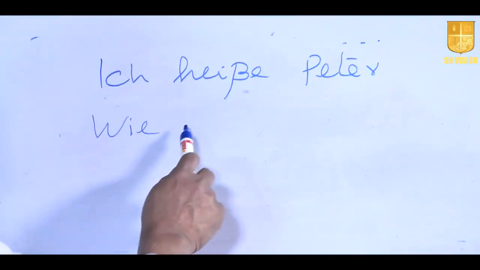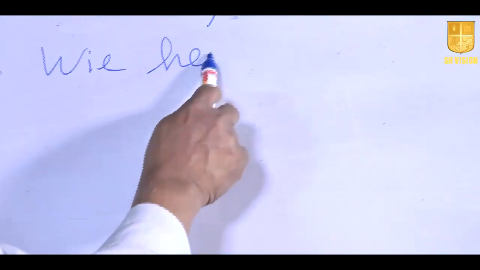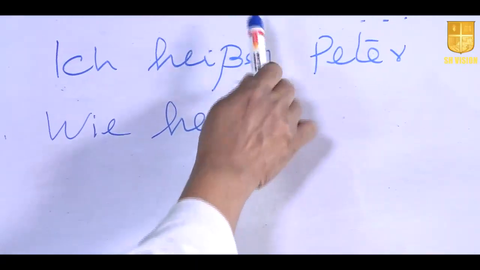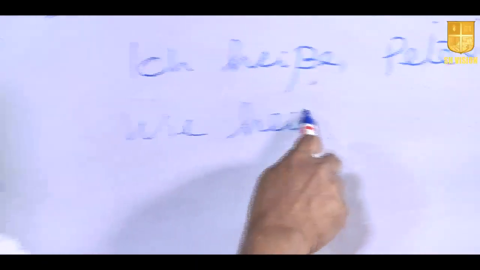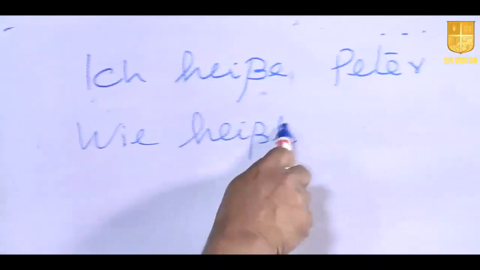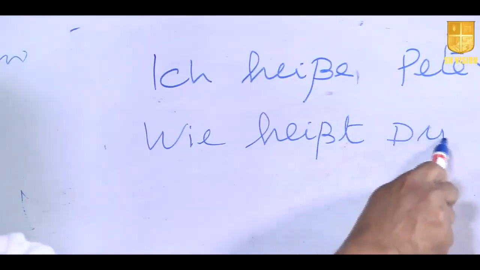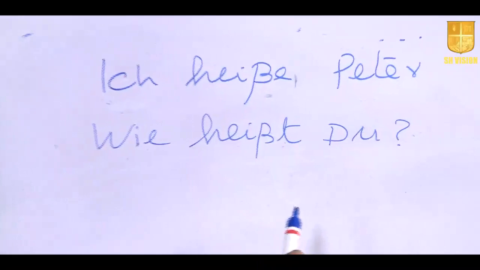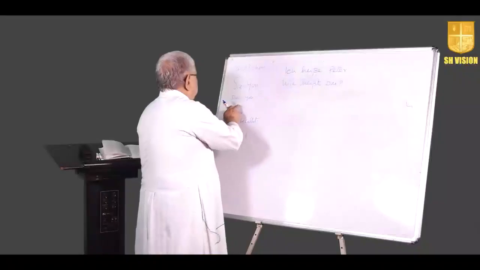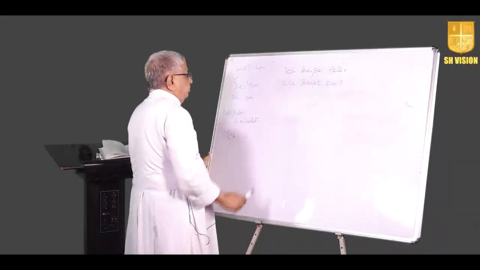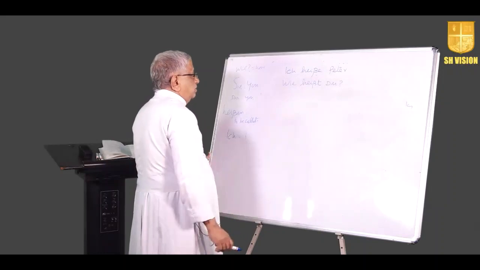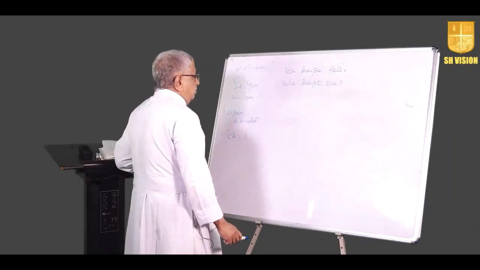That is the familiar form. Ich heiße Peter. Wie heißt du? That is the same thing, but it is a familiar form. Ich heiße, the answer is the same. Ich heiße Peter.